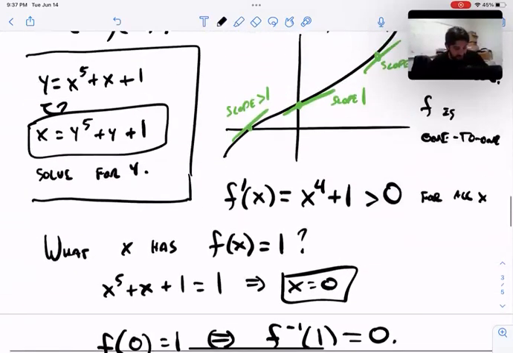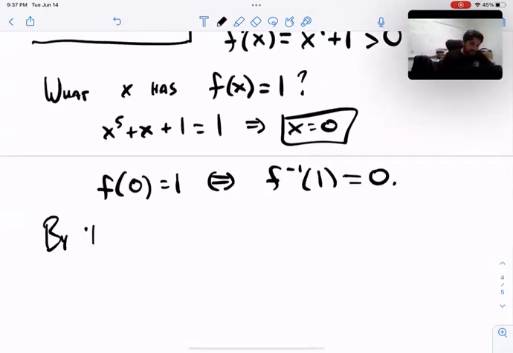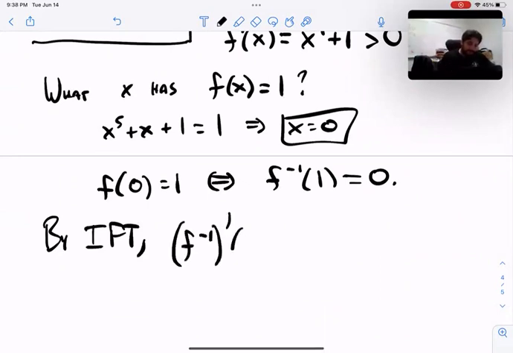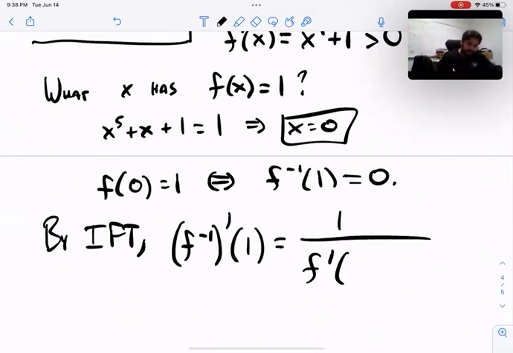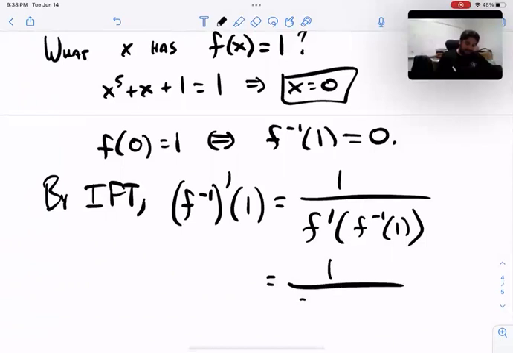In particular, what I can do is say by IFT, I have f inverse prime at 1, the quantity of interest, is 1 over f prime of f inverse at 1. And I just calculated f inverse at 1, that's 0.